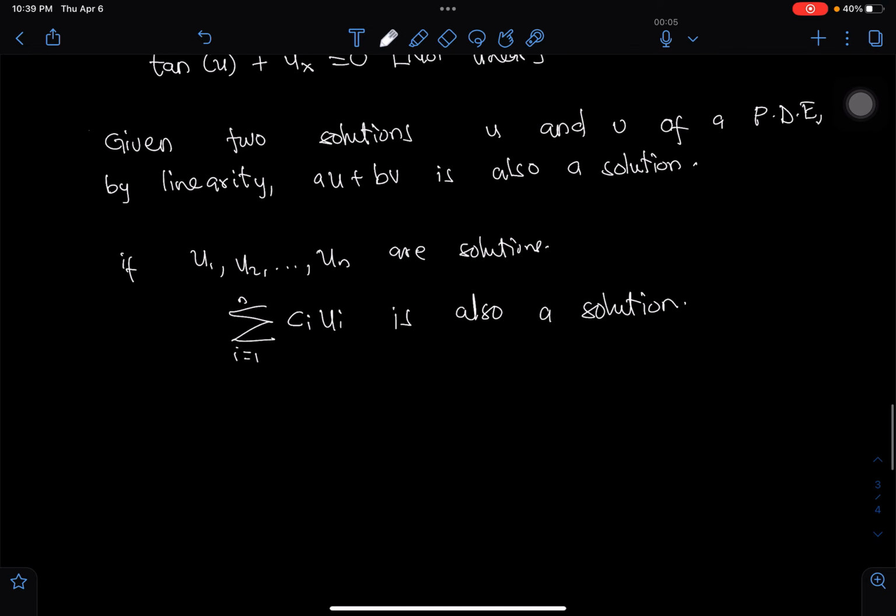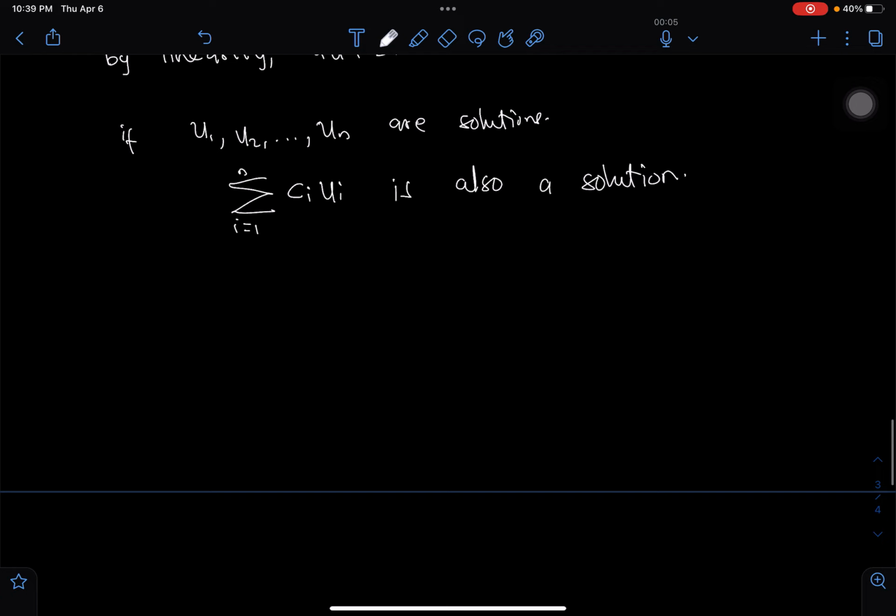So if you're given any PDE, where you have f of x, y, z, and the derivatives u_x, u_y, u_t, all this stuff equals 0, now let's just talk about homogeneity pretty quickly and move on.